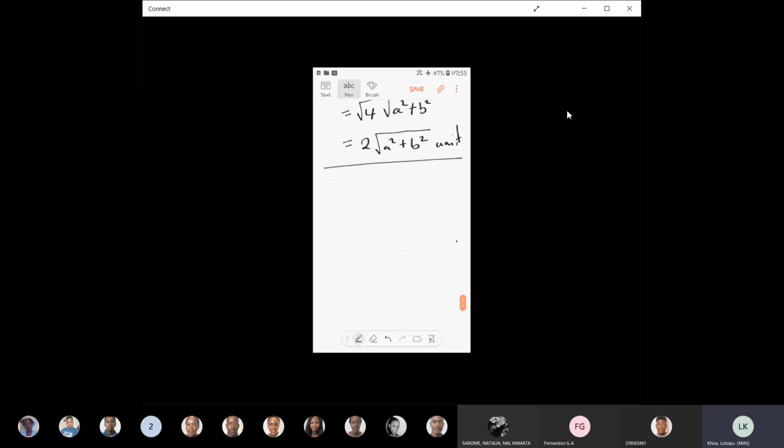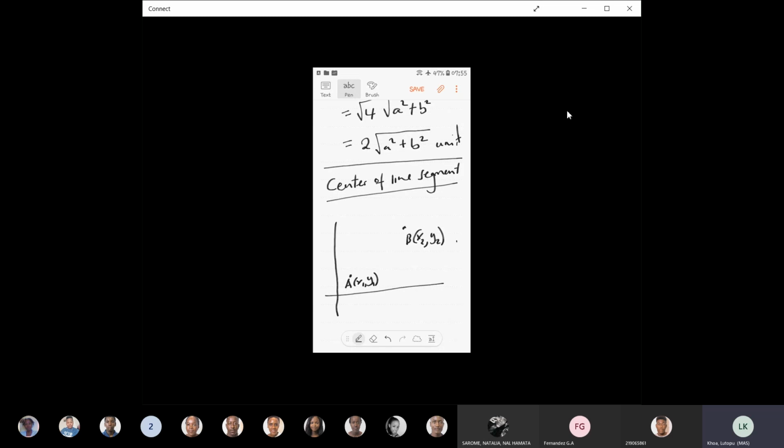Then we have the midpoint of a line segment. With this one, again, you have your X and Y plane. You have a point A, which is (X1, Y1), and then you have another point somewhere there, B, which is (X2, Y2).